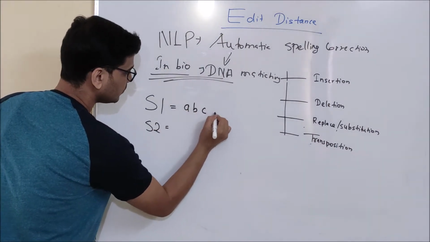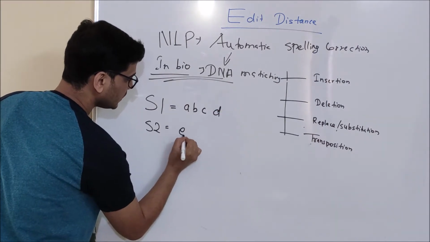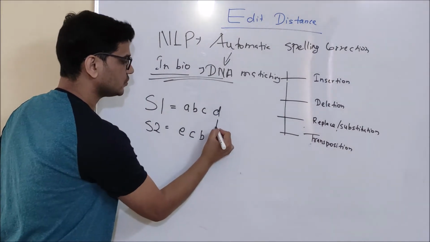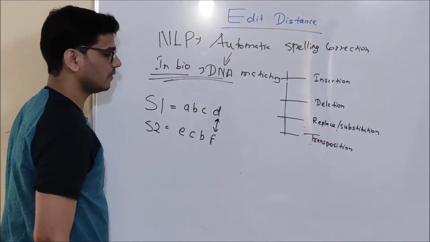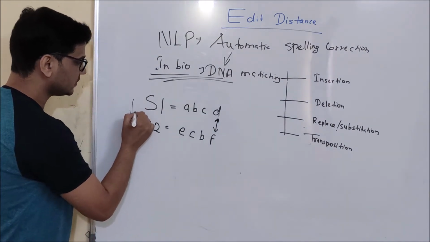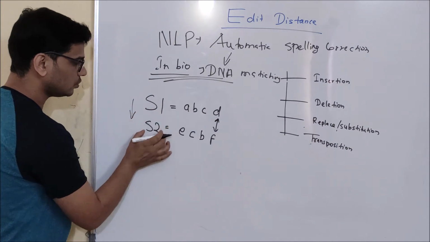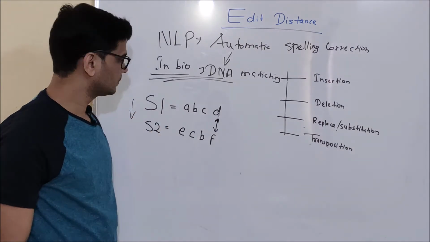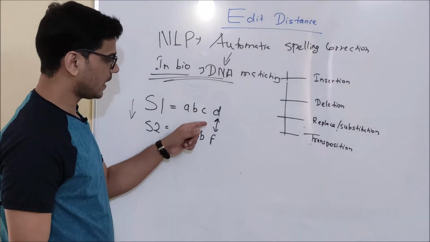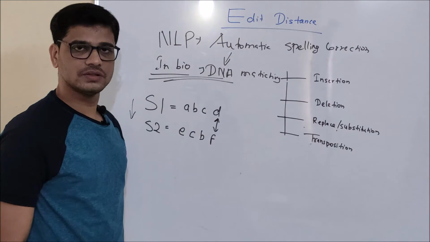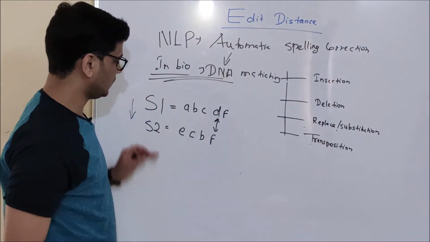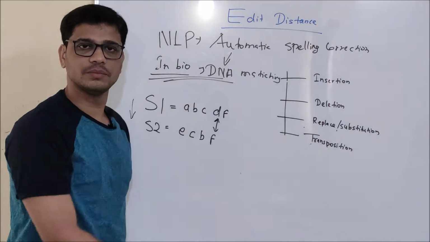S1 equal to A, B, C, D and S2 equal to E, C, B, F. Suppose we are matching D and F. And one more thing, what we do in edit distance is that we convert S1 to S2 normally. Now come here. Suppose I am matching D and F, and as you can see here, it is not matching. So what do we mean by insertion? We are going to insert F in string 1. This is what insertion means.